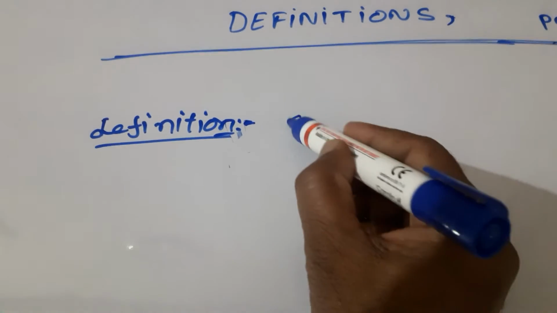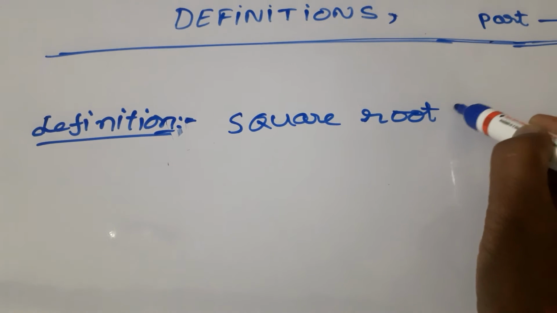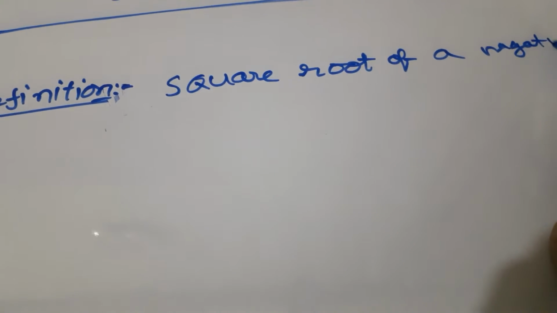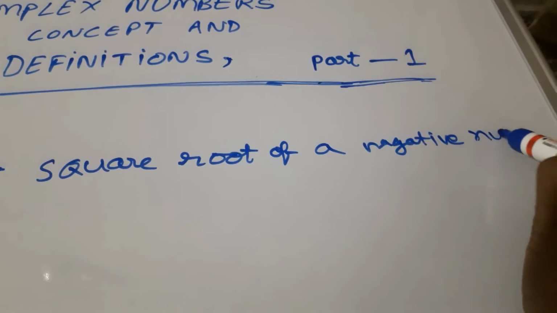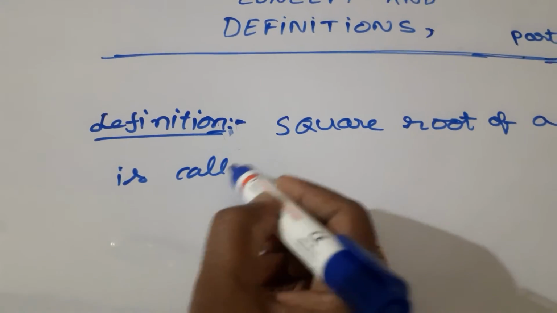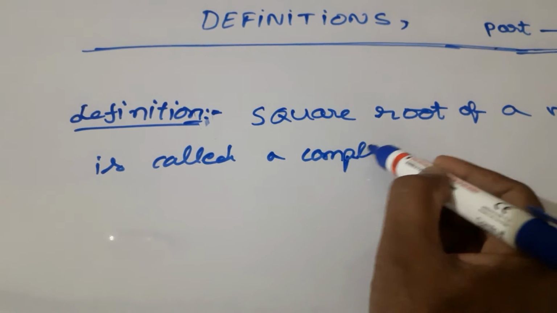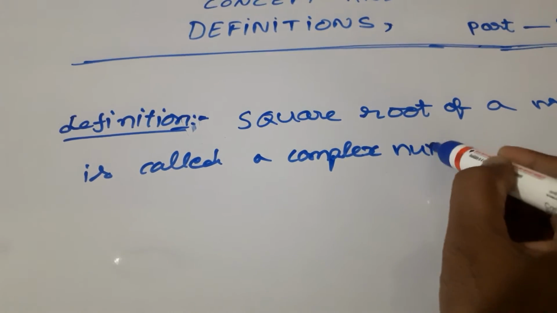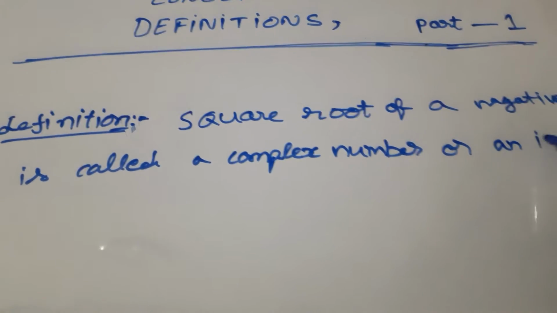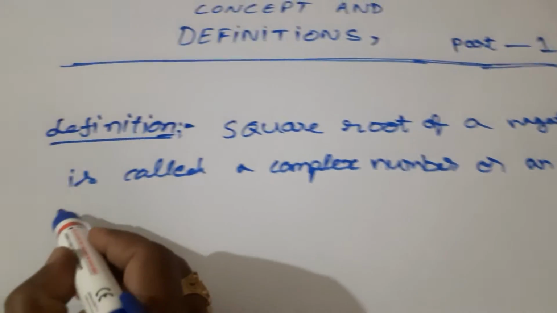The square root of a negative number is called a complex number or an imaginary number.